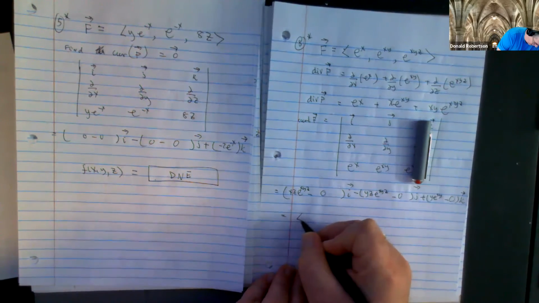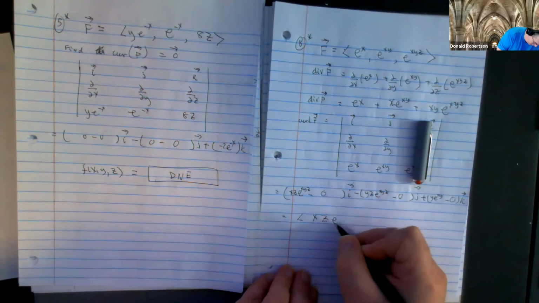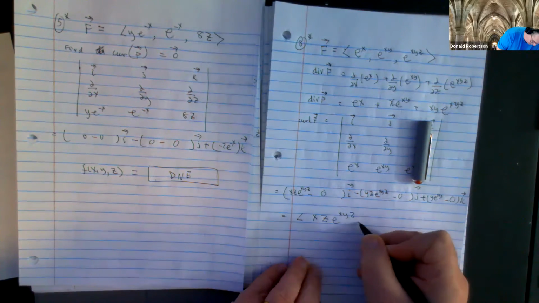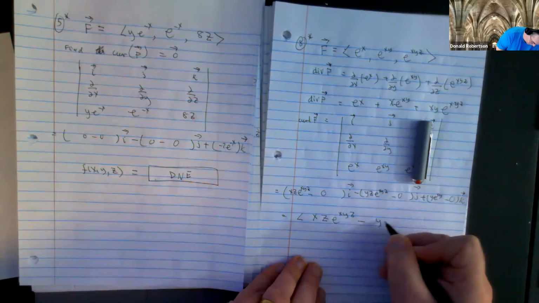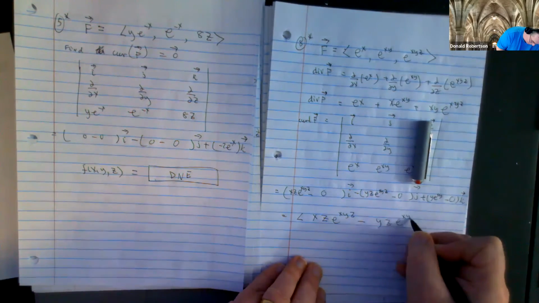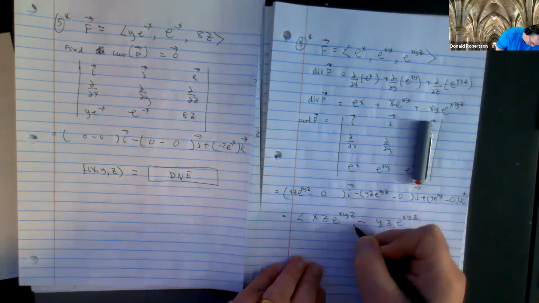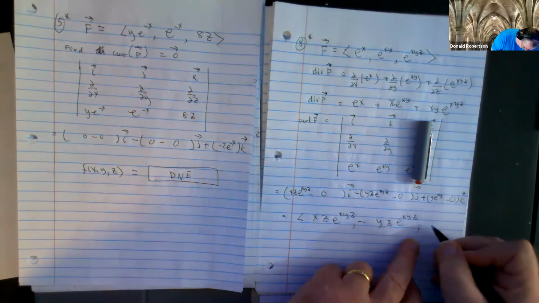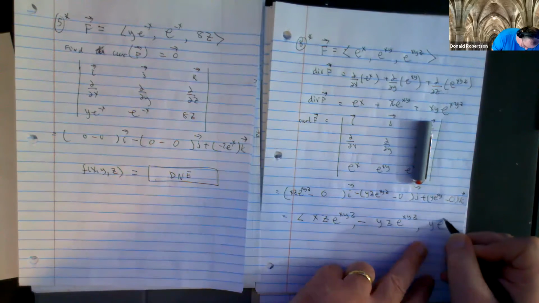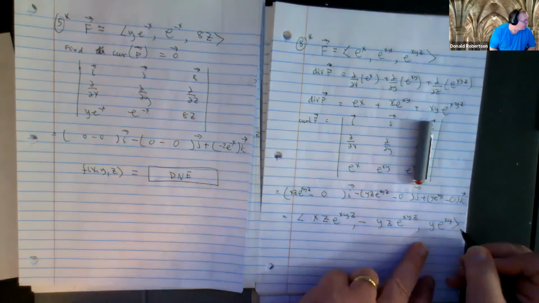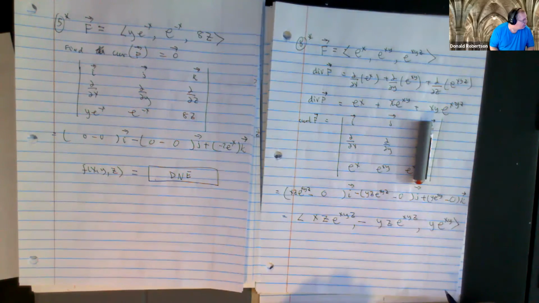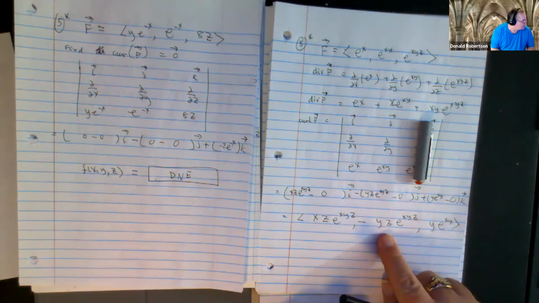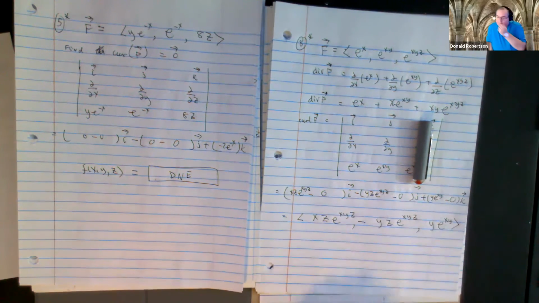So it's xz e to the xyz, take away yz e to the xyz, and finish with a y e to the xy. Let's check that out. Yep. Yep, that's right.